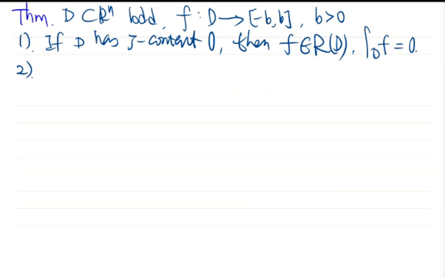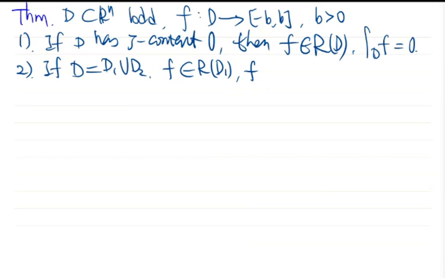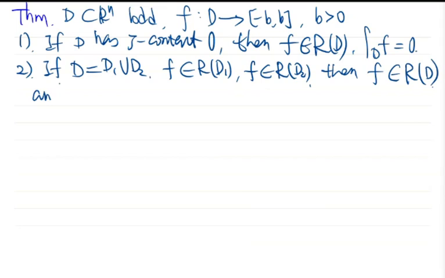The second property is that if D is the union of D1 and D2, and f is integrable over D1 and also integrable over D2, then f is integrable over D and also integrable over the intersection of D1 and D2.